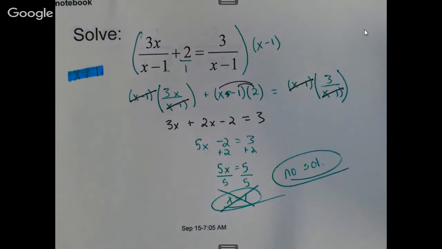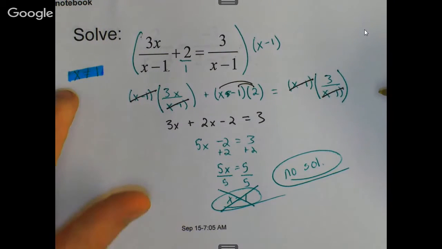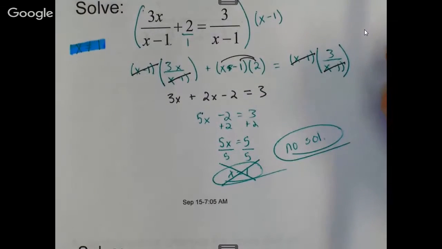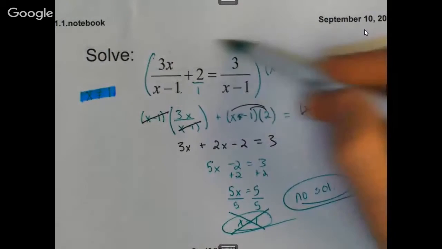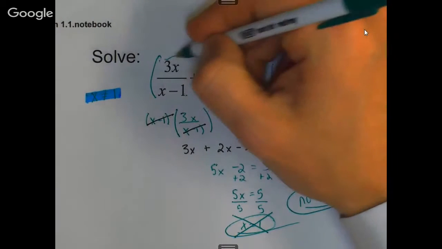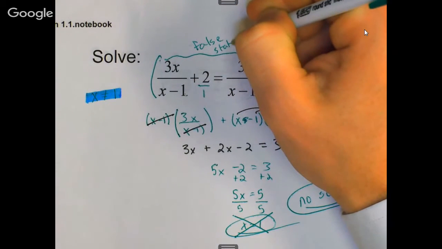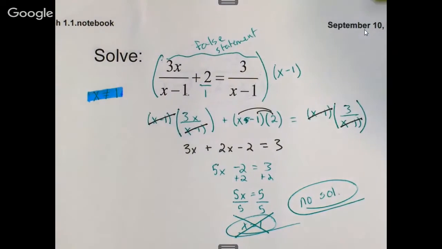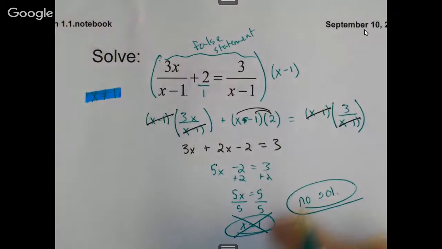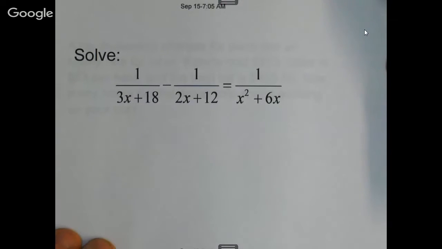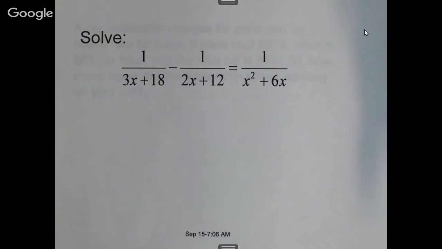So it is super important that we double check our domain, and if I were to plug this back in up here, we would figure out that I cannot have a solution. There could be imaginary solutions also, but we're not there yet. That's too far for us.